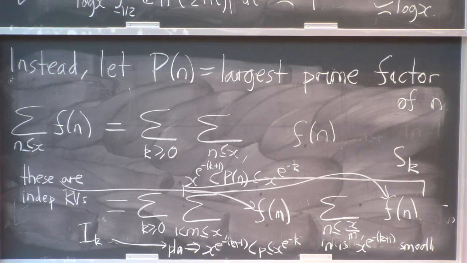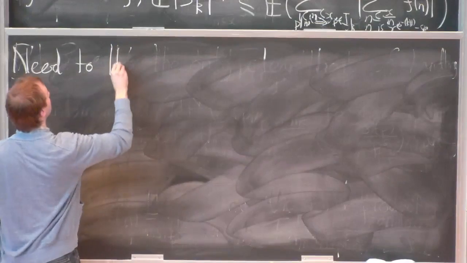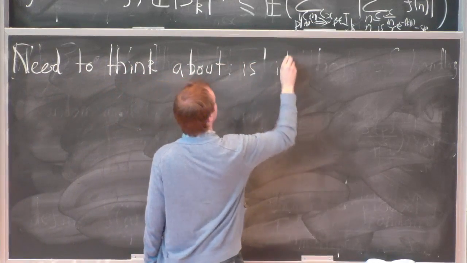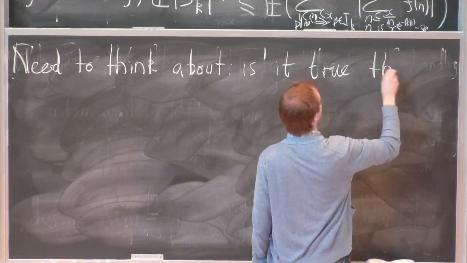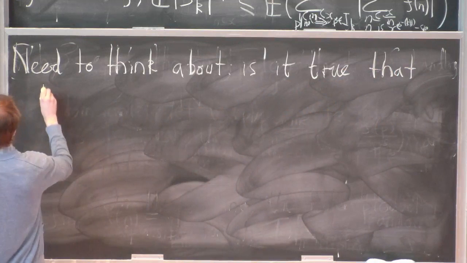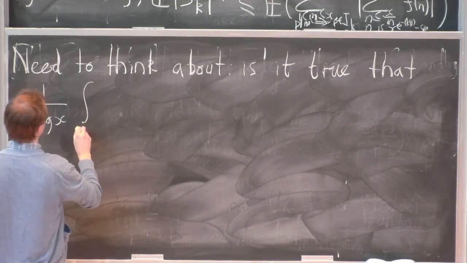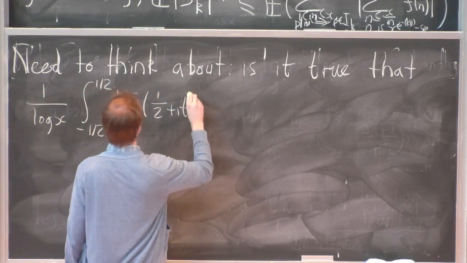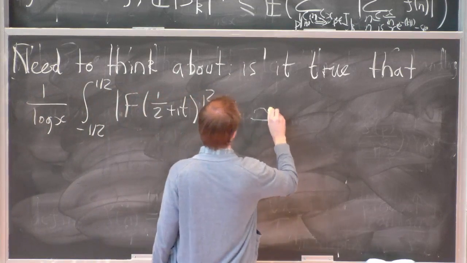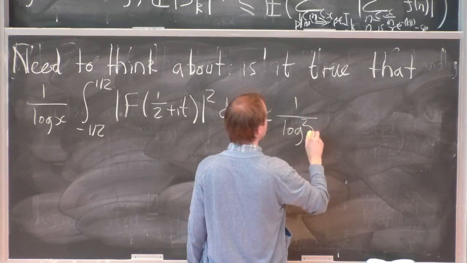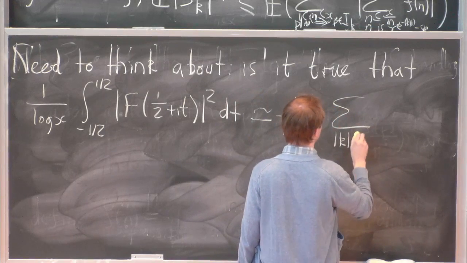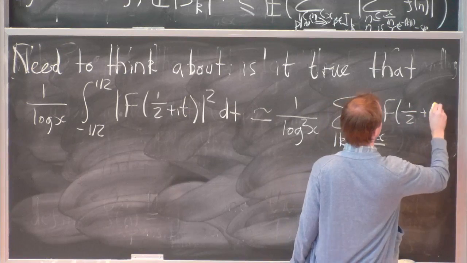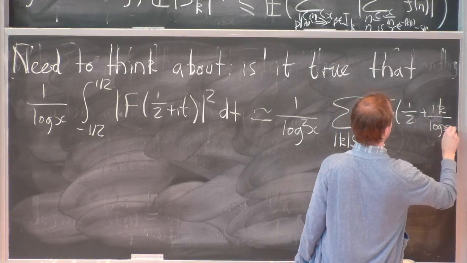So to do this, what you need to do is you need to think about: is it true that 1 over log x times this integral is roughly the same as 1 over log x times the sum of |f(1/2 + ik/log x)|^2?